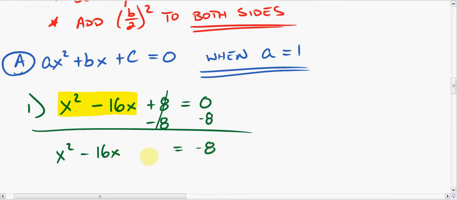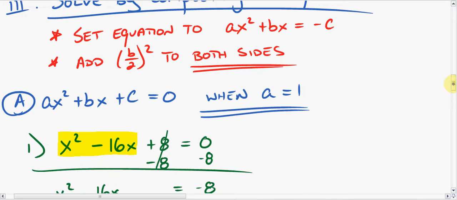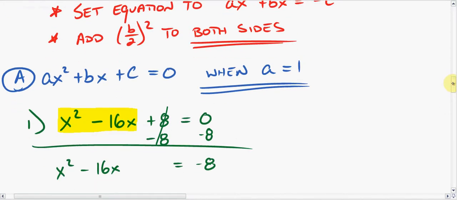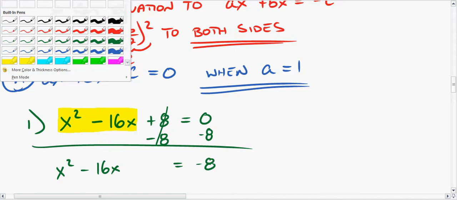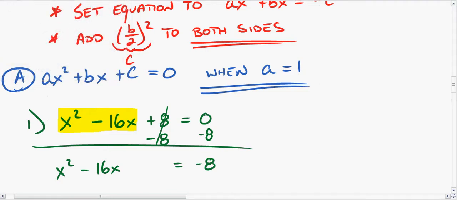Notice I've left a little space here because next I'm going to add b over 2 squared to both sides, because b over 2 squared is going to be our new c. So what is our b? Our b is negative 16. So I'm going to add negative 16 over 2 squared to both sides.